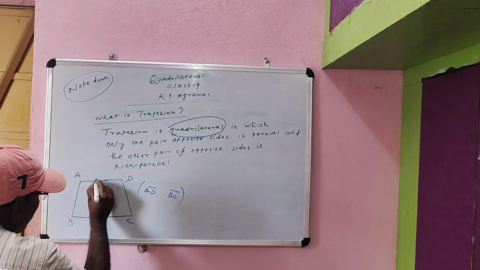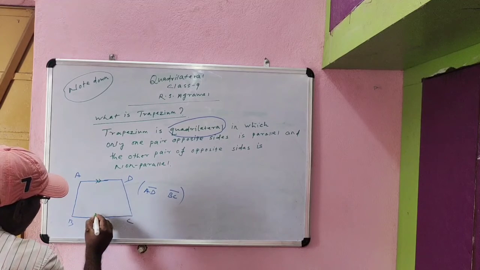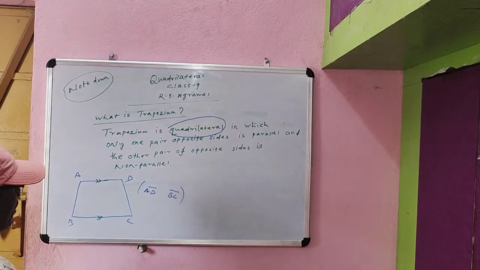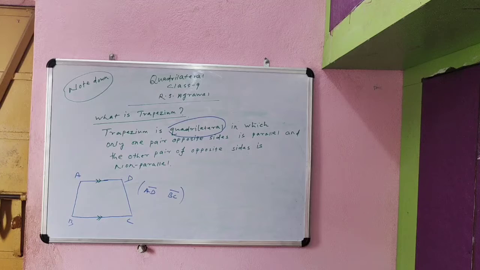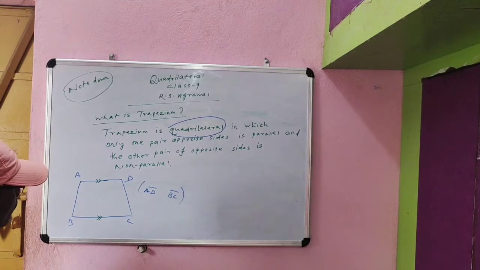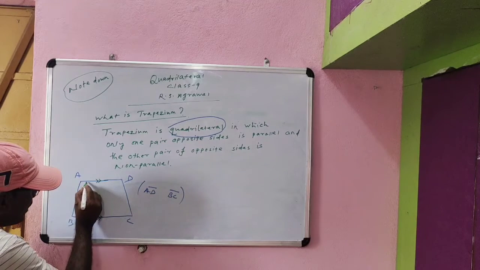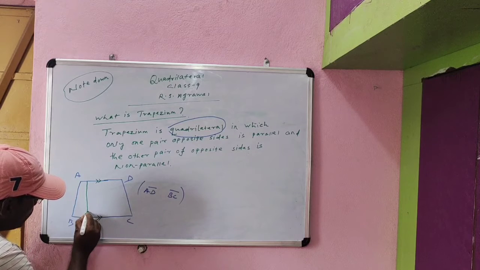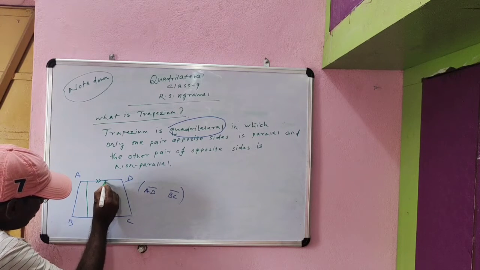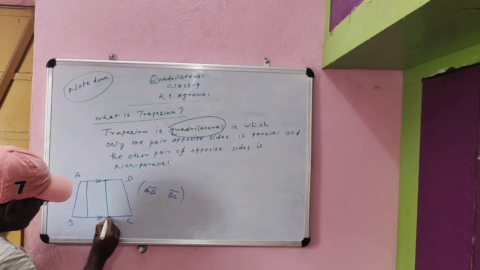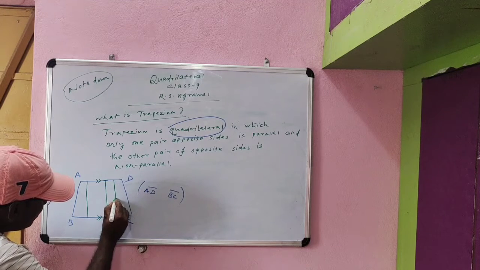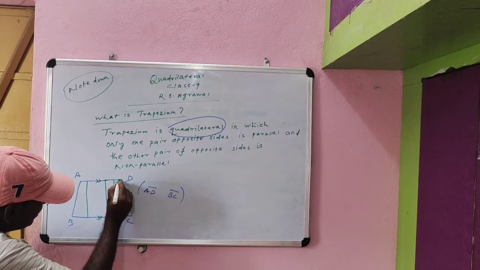It is the symbol of parallel. What do you mean by parallel? Parallel means the distance between these two sides is always equal everywhere.